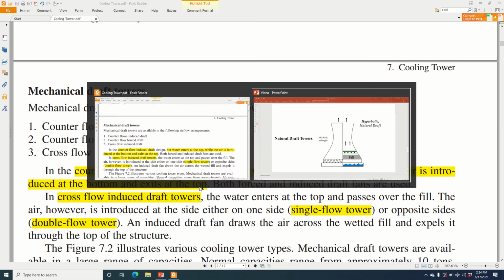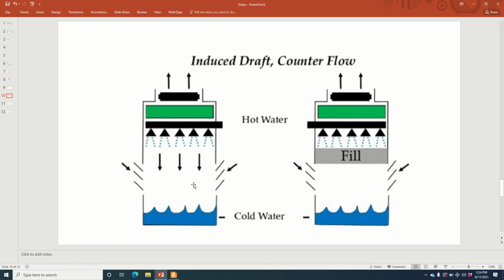Now I'll show you the figure of the induced draft counterflow cooling tower. You can see in this diagram that on the top side there is a fan installed, and the water is sprayed through these nozzles, and this fan is sucking the air from the bottom of this cooling tower.